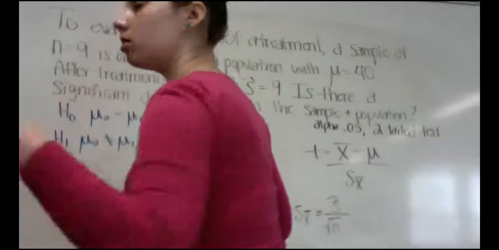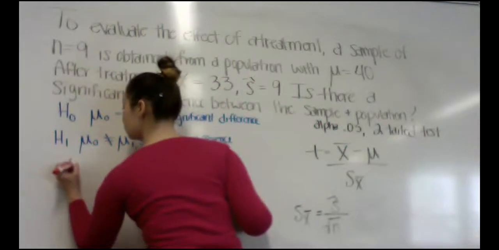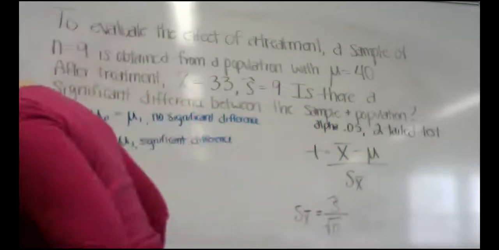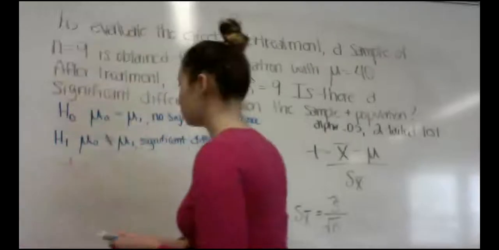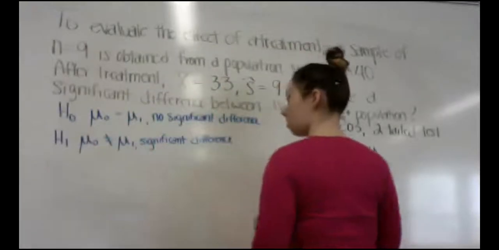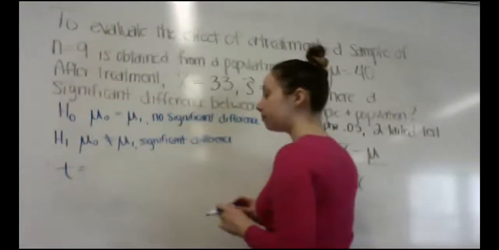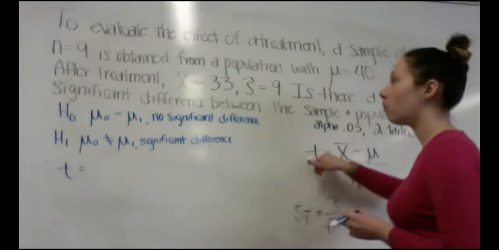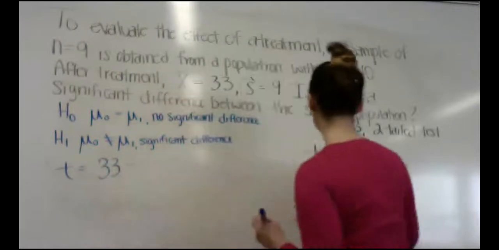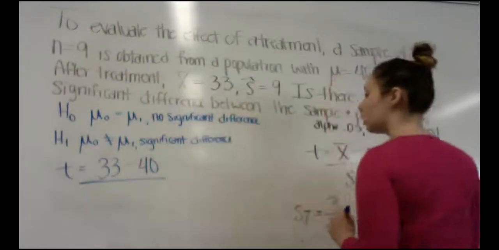So t is our sample mean, which we were told was 33 in the problem, minus the population mean, which we were also given, 40, over our sample standard error, which we can combine here.